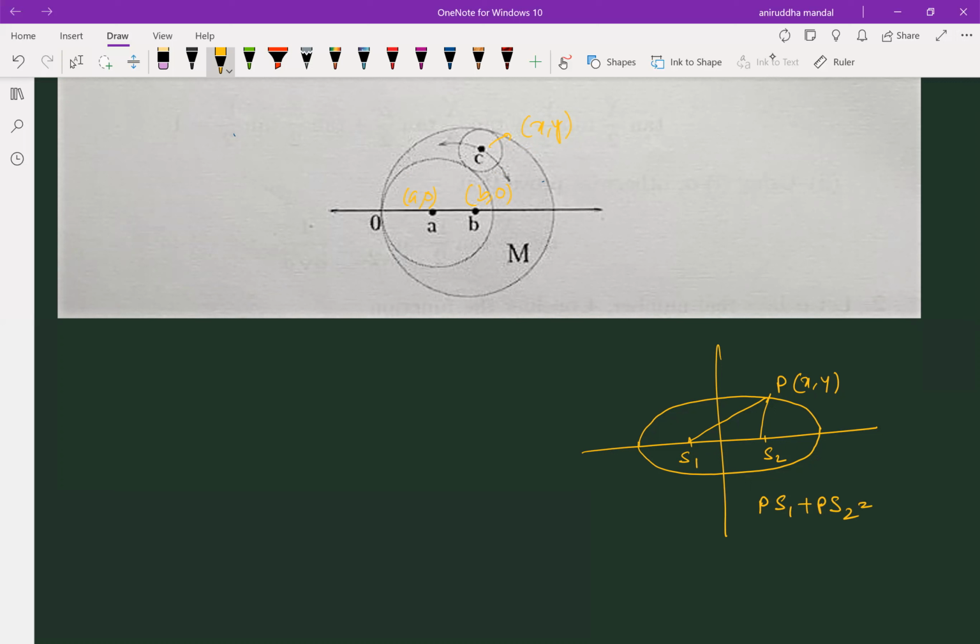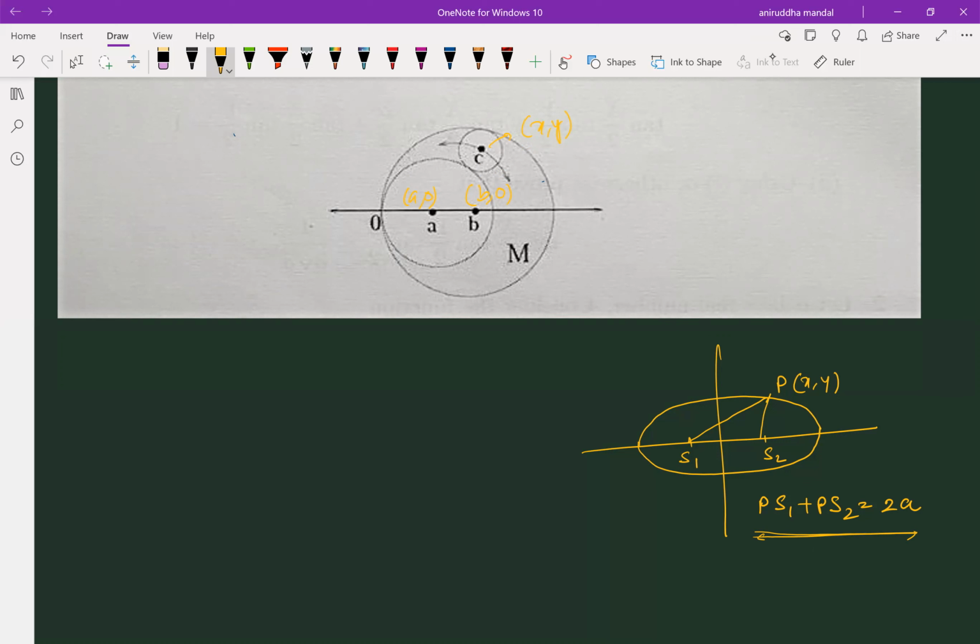And the constant is 2a, the semi major axis. So if we check here, this point C is the variable point, and the centers A and B are the foci of this ellipse. If we find this relation is satisfied, then we can establish that this is an ellipse. Then we will go for the equation.